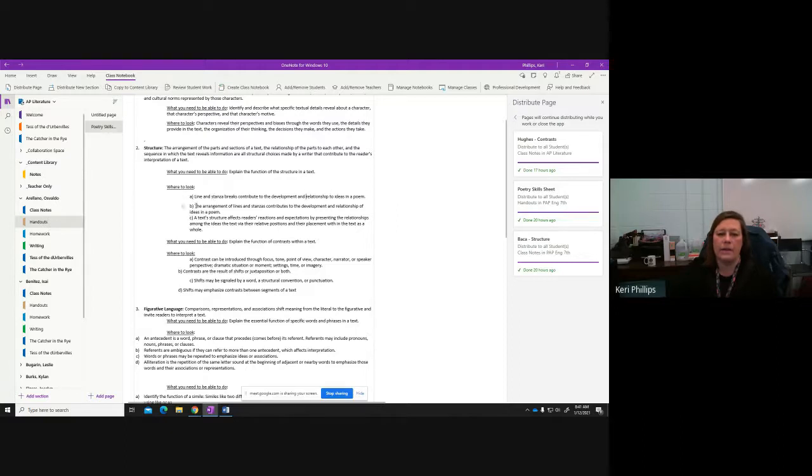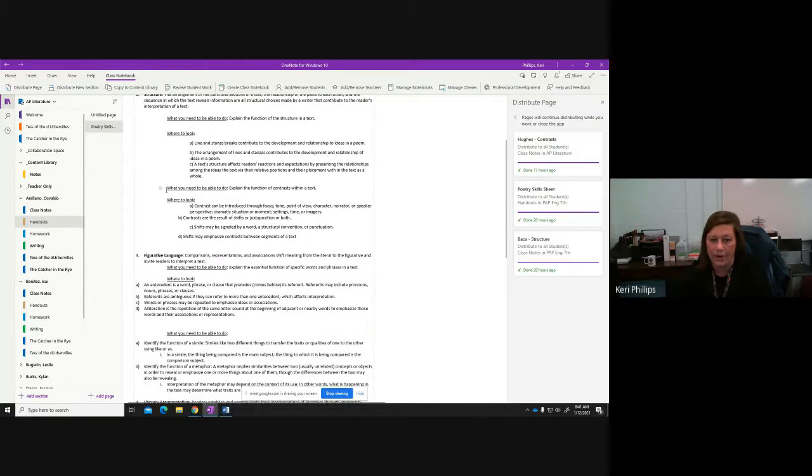And then the arrangement. So it's not just breaking it up, but why did that part come first? How does that lead into the second? How are those related? So that's part of structure. And then a text structure can affect the reader's reactions and expectations by presenting relationships among the ideas through their positions. This is a little bit repetitive, but this is how we were dealing with structure.